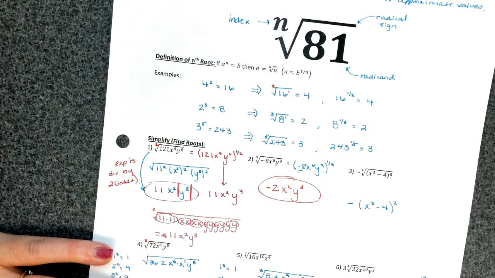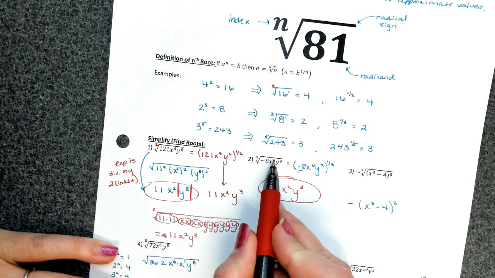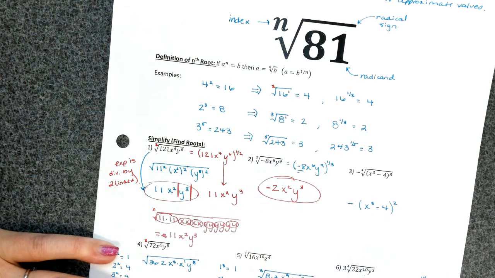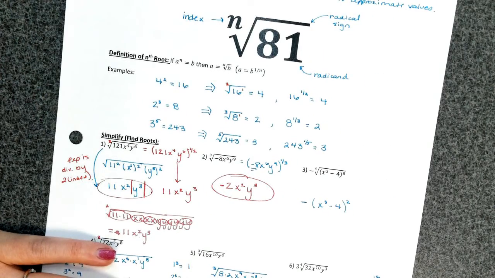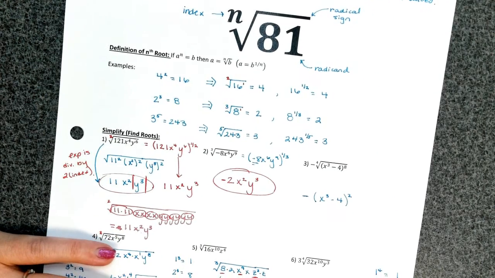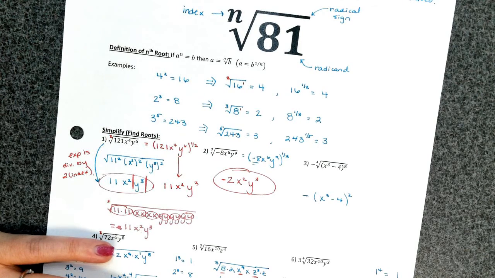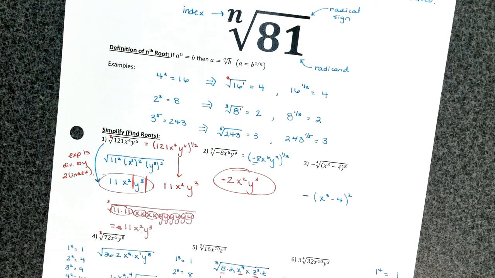In number 2, did we have anything that wasn't even and now is an odd? Nope. We had an even to an even, so we're good. And we don't have to worry about if it started as an odd. So far, so good? All right, let's look at number 3. Did we have anything that went from an even to an odd? Nope. We're good.